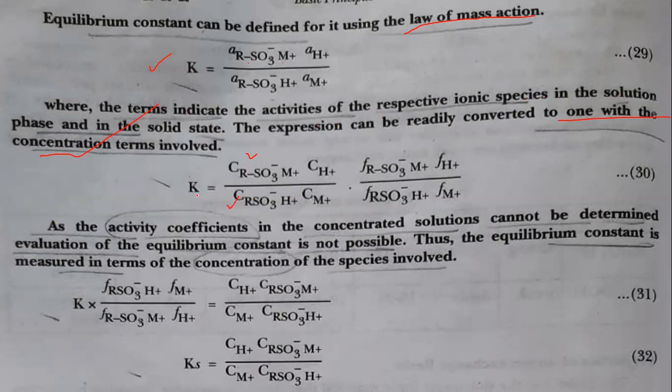So the activity is expressed in terms of concentration over here: the concentration of this species times the concentration of H plus ion, upon the concentration of the left hand side species. By shifting this to this side, Ks is equal to the concentration of H plus ion times the concentration of RSO3 minus M plus, upon the concentration of M plus ion times the concentration of RSO3 minus H plus.